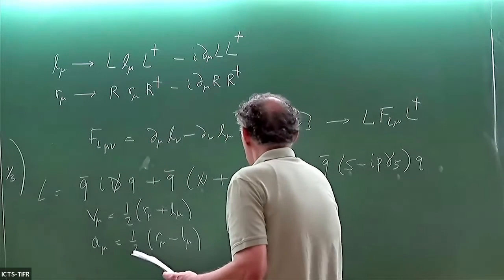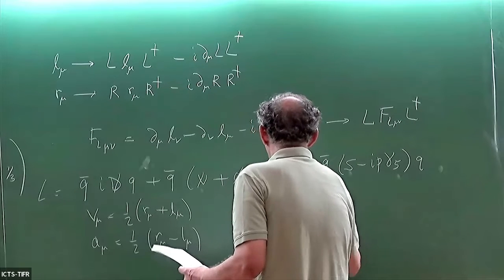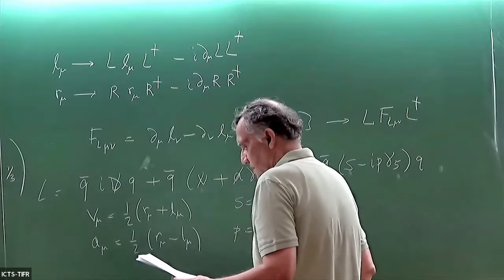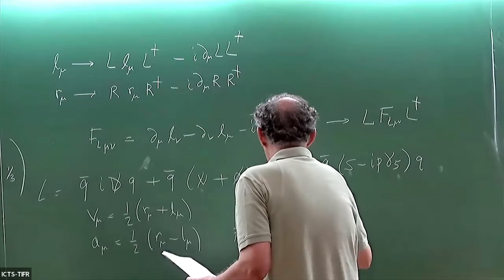And the scalar source is 1/2 (M plus M dagger). And the pseudoscalar source is i over 2 (M dagger minus M).